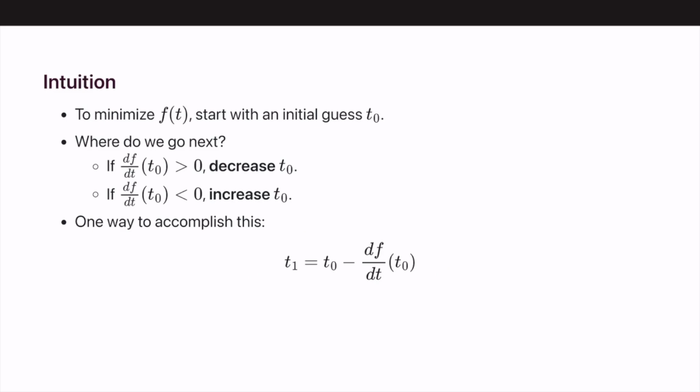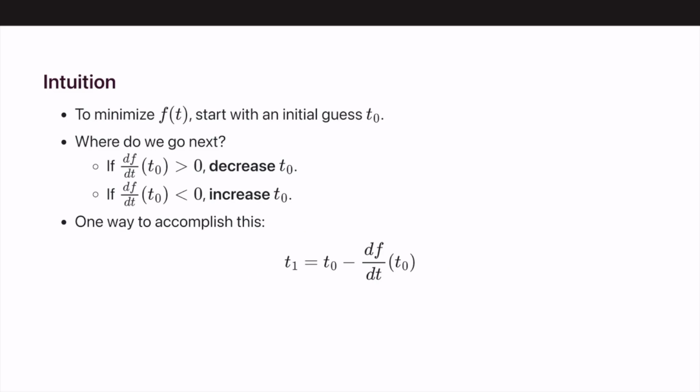If the derivative is greater than 0, that means it's positive, and we want to go in the opposite direction, so we don't keep going uphill, we want to go downhill. Similarly, if it's below 0, negative, then we want to increase and go uphill. The way we do that is with this update rule.